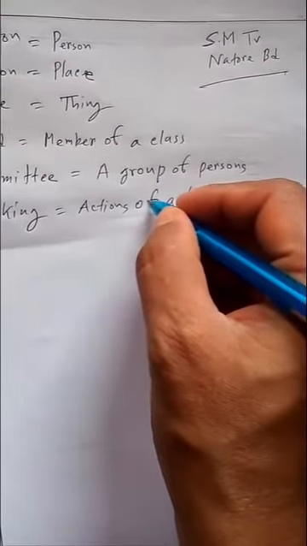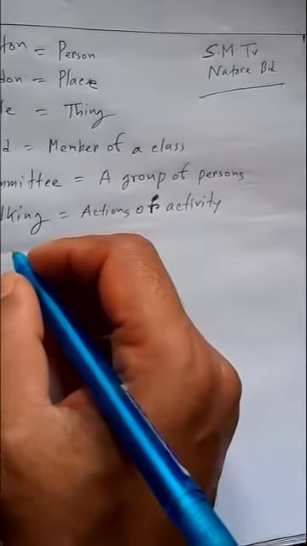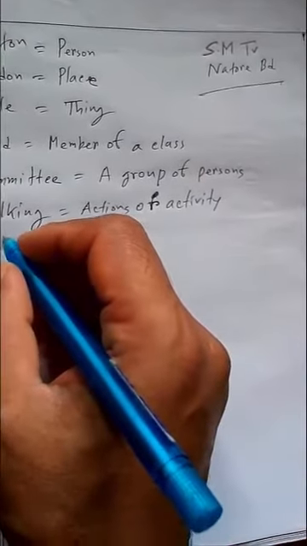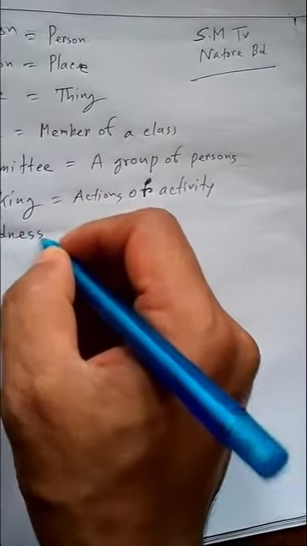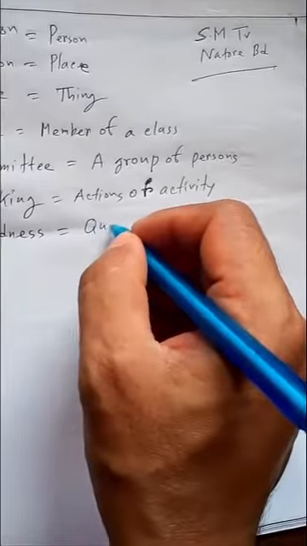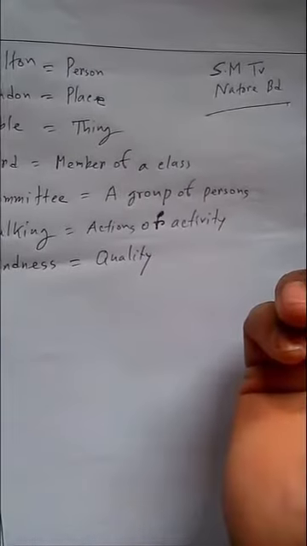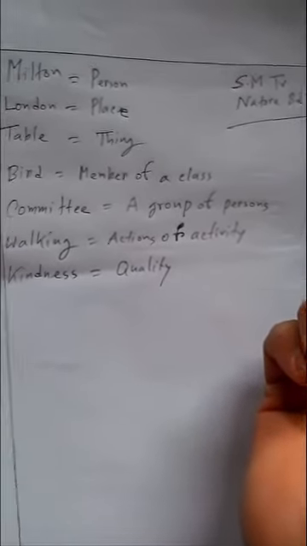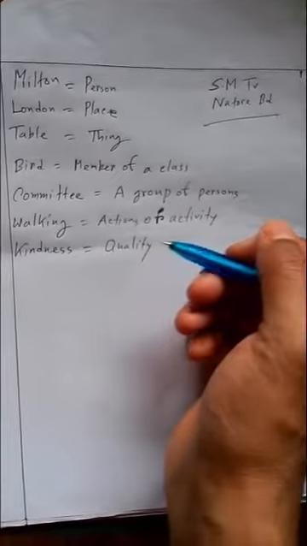Next one, we can say qualities, for example, kindness. Kindness is also a quality. So these are the characteristics of the noun. So this is the term of the nouns.